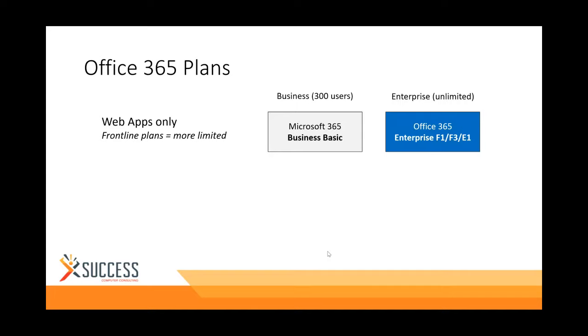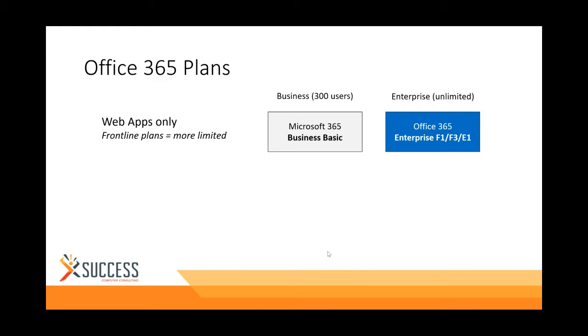Now on the enterprise side, we actually have a variety of plans that basically achieves the same outcome. We have frontline worker plans, both F1 and F3, as well as a plan called E1. So the difference between all these, basically, the frontline worker plans are going to be more limited in the feature set that they offer. F1 plans, users even have like read-only access to a lot of items.